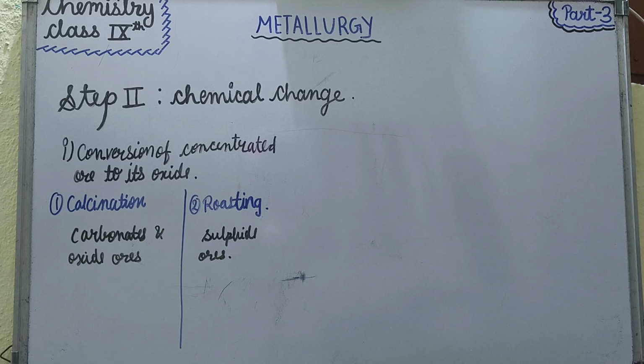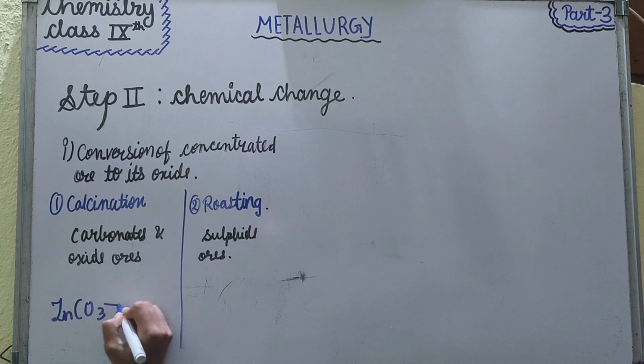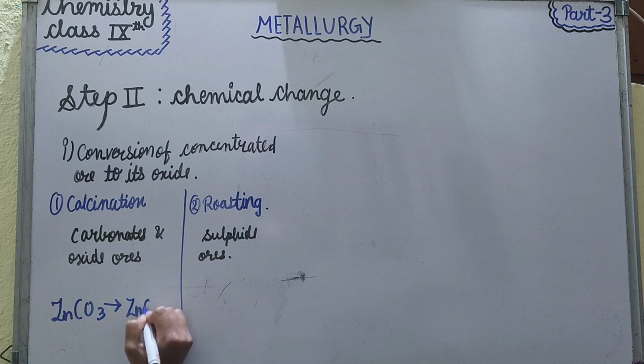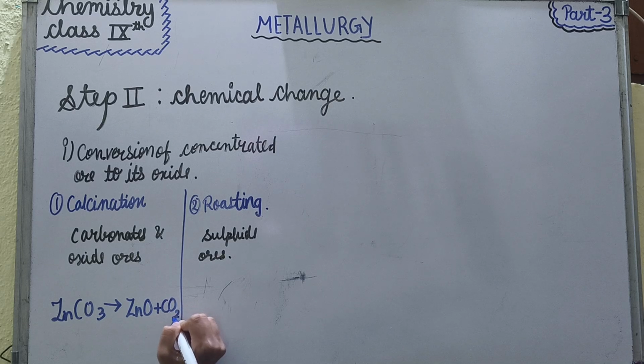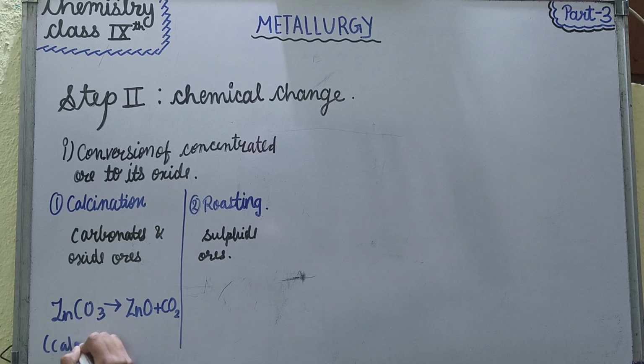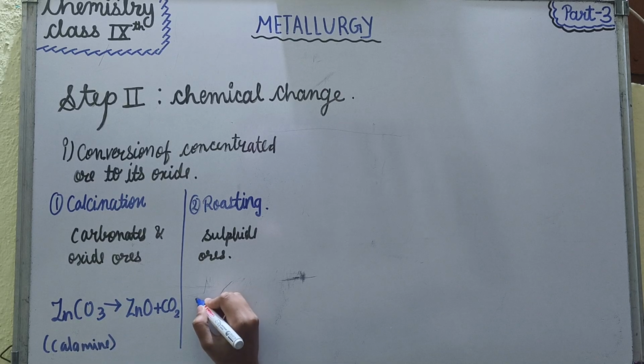Let us see the reaction of calcination. ZnCO3 gives ZnO plus CO2. This is calamine.